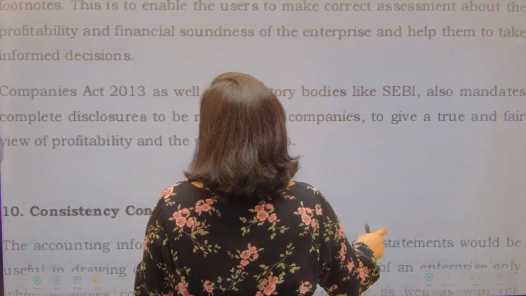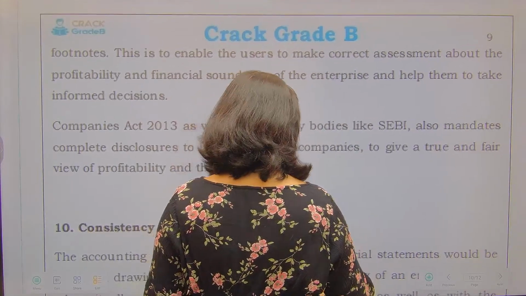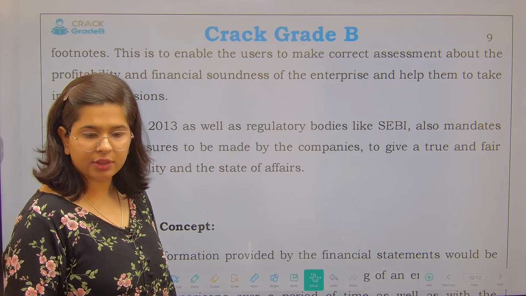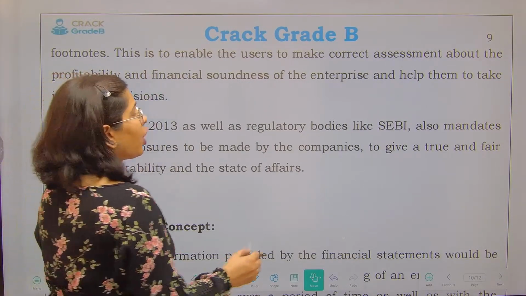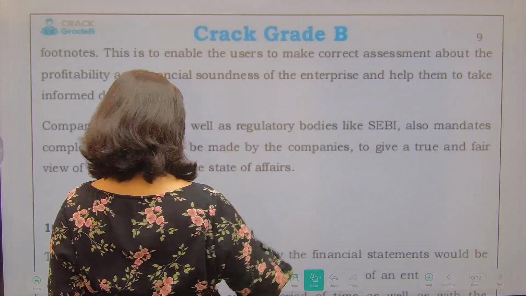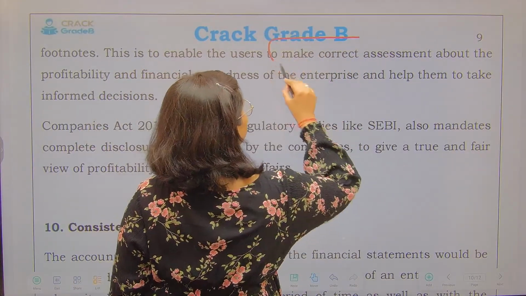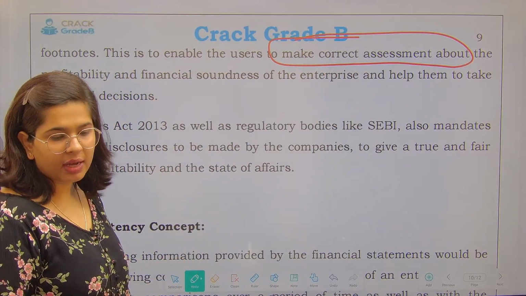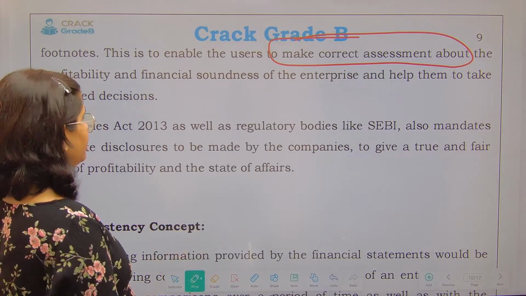See, there are so many users of financial statement. I have told you, customers, suppliers, government, as well as the other authorities. So because of your full disclosure, they can make the correct assessment of the profitability. Whether you are profitable or not, they can make a correct assessment about it.